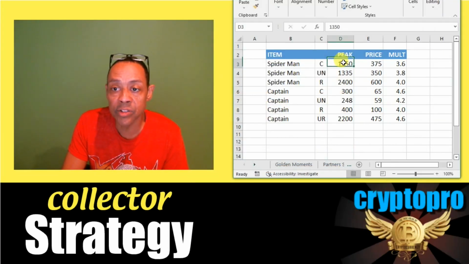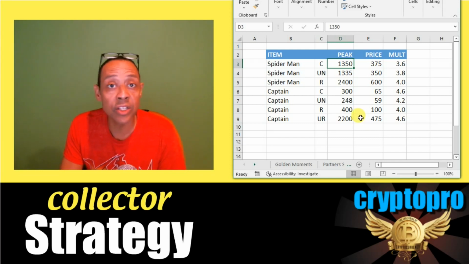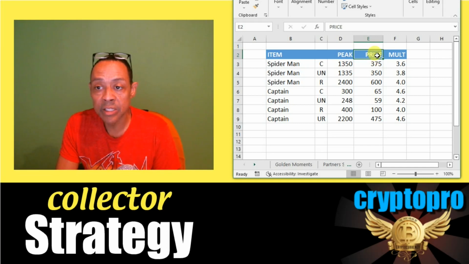Enter that into the cell under the common for peak price. The next, you have the current price. So in this column here, I'm going to enter the current price.